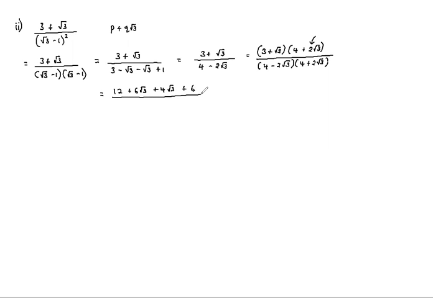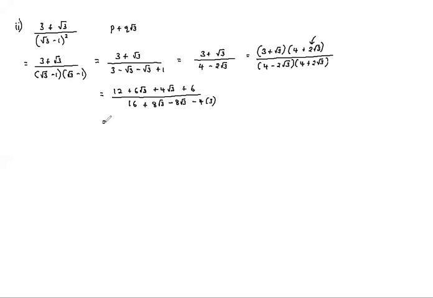Then you divide by 4 times 4, 16, plus 8 root 3 minus 8 root 3, minus 2 times 2, you get 4. Root 3 times root 3, you get 3. So don't forget to multiply everything there.